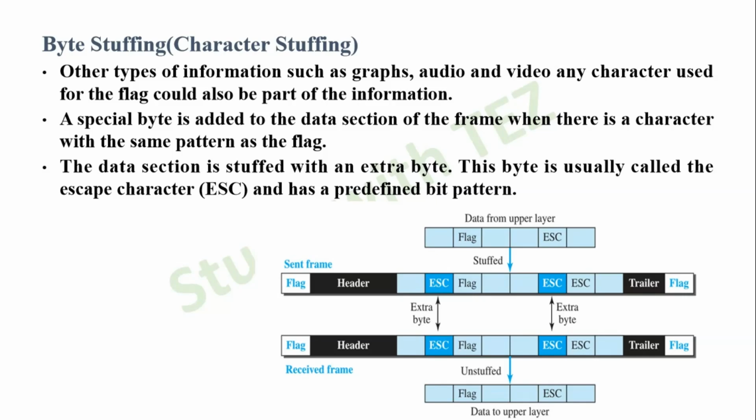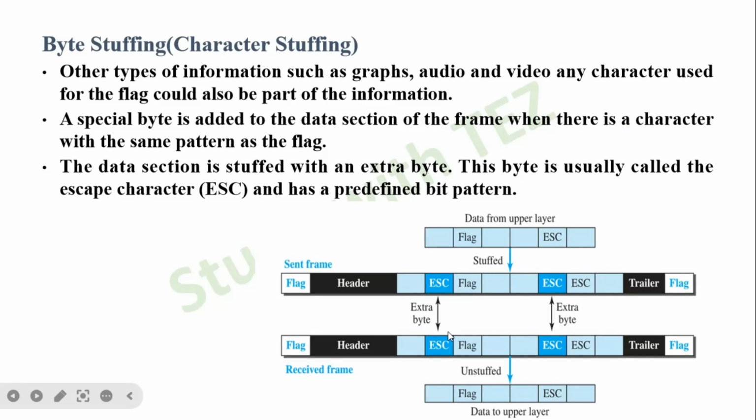Here one special byte called escape is used. If you find a flag in data, we stuff an escape byte before the flag. It simply says that after this escape, whatever the next byte is, it is not the flag, instead it is data. Similarly, if an escape byte is also part of the data, here again we add one more escape to tell that this escape is not the special bit pattern, instead it is part of data.